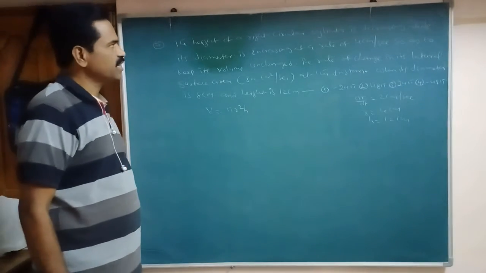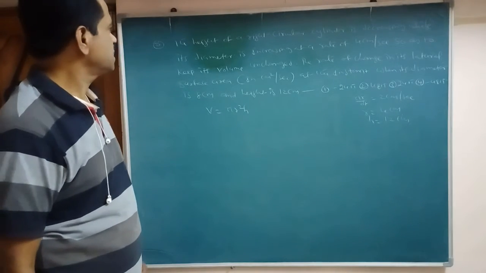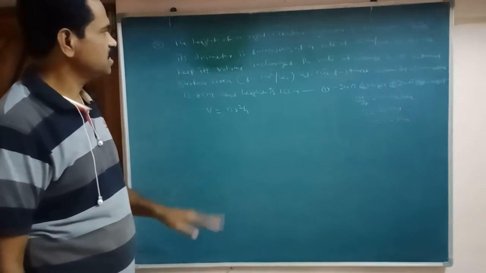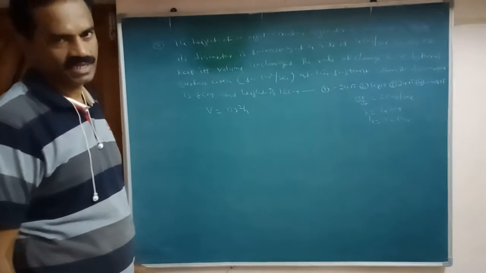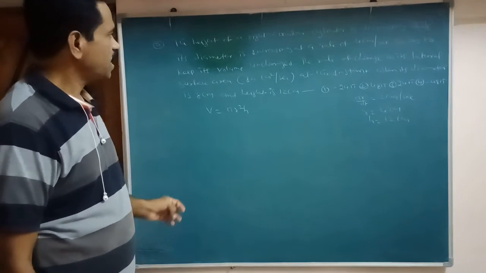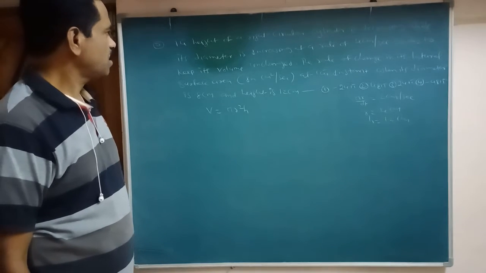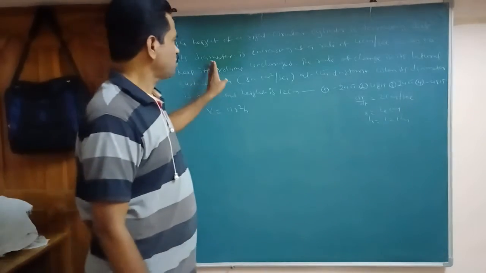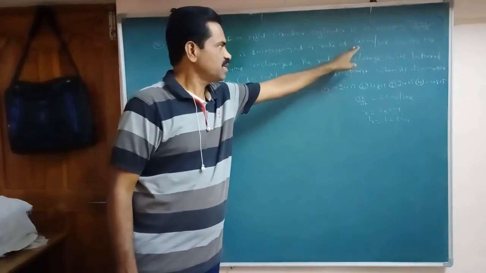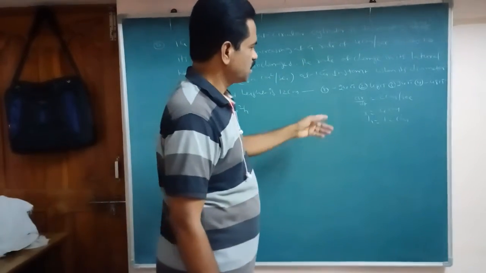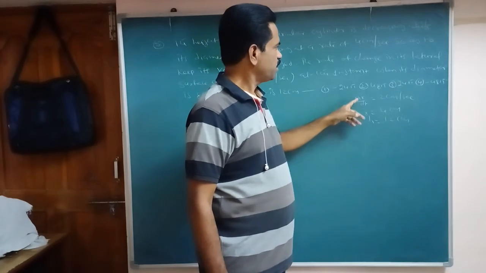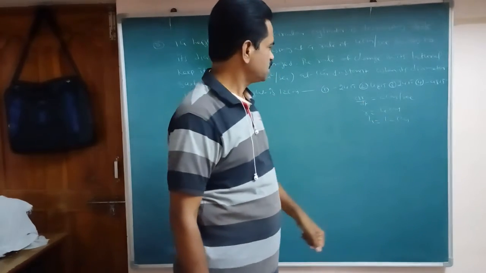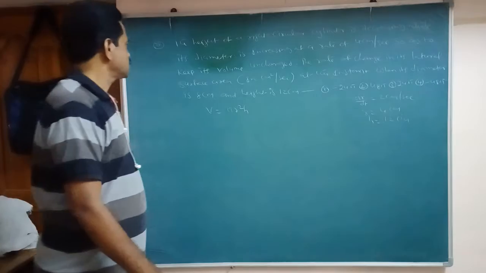The height of a right circular cylinder is decreasing while its diameter is increasing at a rate of 4 centimeters per second. Here diameter is given, so convert to radius by dividing by 2, which gives dr by dt as 2 centimeters per second.